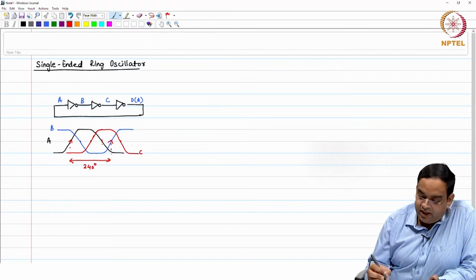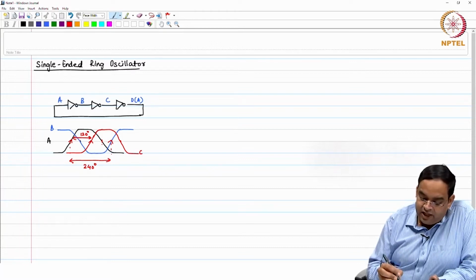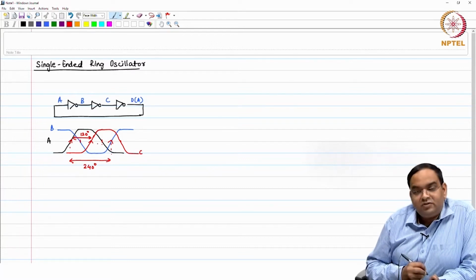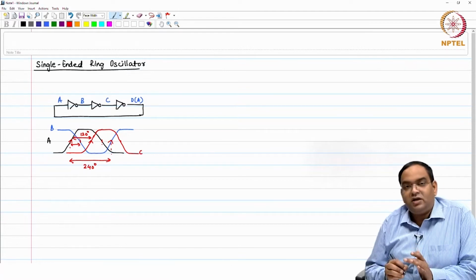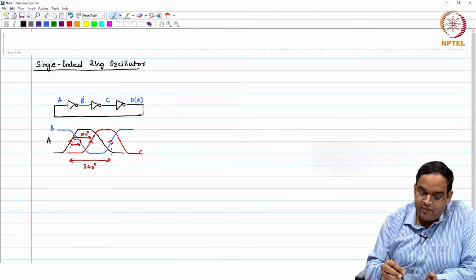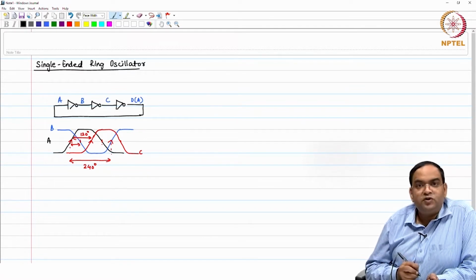The rising edge on A and the rising edge on C are separated by 120 degree. Between the rising edge on A and the falling edge on B, that is separated by 60 degree. So, you see the phase separation between the clock edges generated by using these odd number of inverters in the ring. They are like 120, 240 and so on.